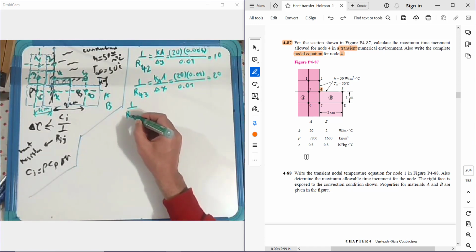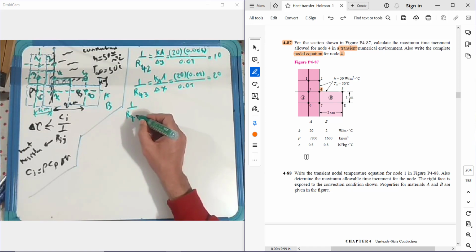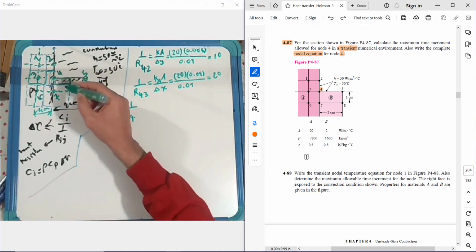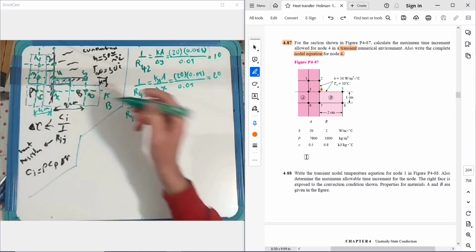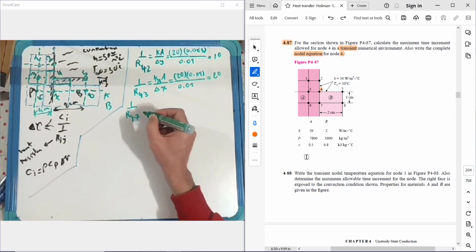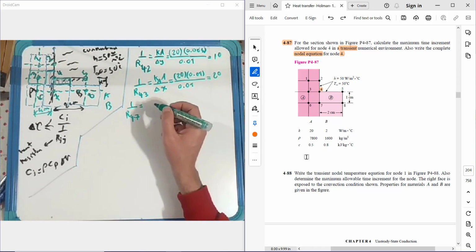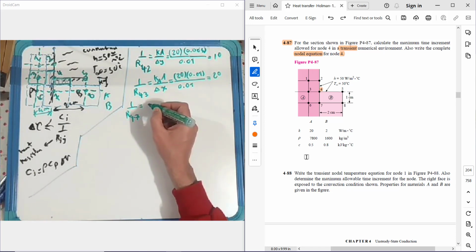Next one, R from 4 to 7, because we don't have any interface between 4 and 6. It has 2 sections.